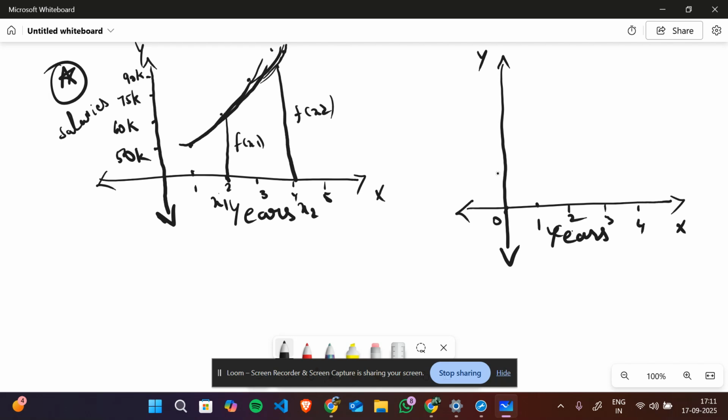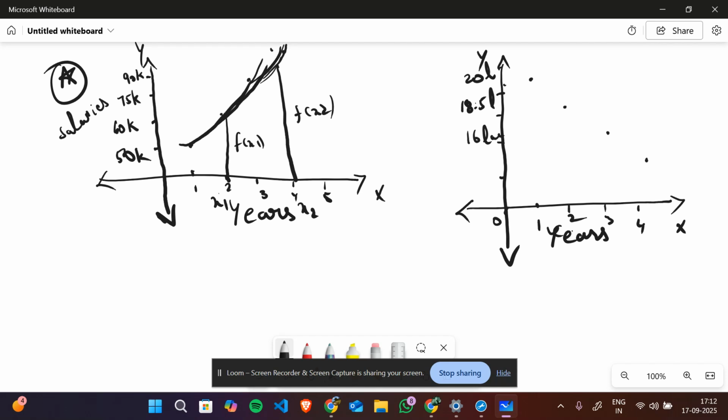In the second year, definitely the car price will reduce. Say for example, we'll consider maybe 18.5 lakh in the second year. The third year, the car price may be, say for example, 15 lakh. Now the fourth year it may be, say for example, 12 lakh. So the price of the car is reducing as the years move on.